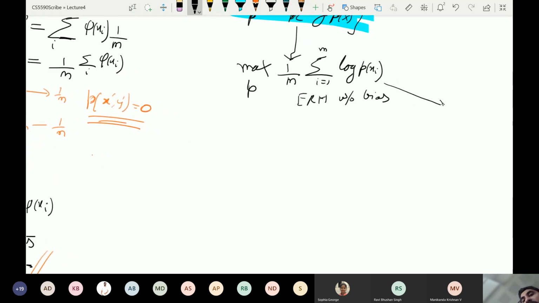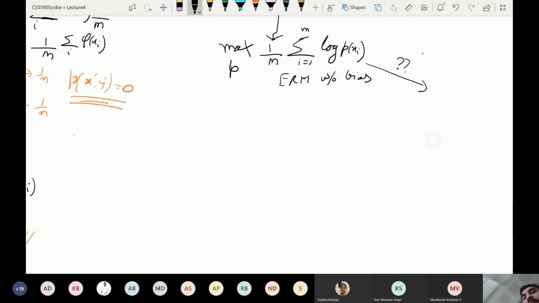You have to tell me why this fails, so go home and do this as homework. Let us not spend time on that in the lecture. The reason is you will get a trivial answer, and that trivial answer will be very useless for machine learning purposes.